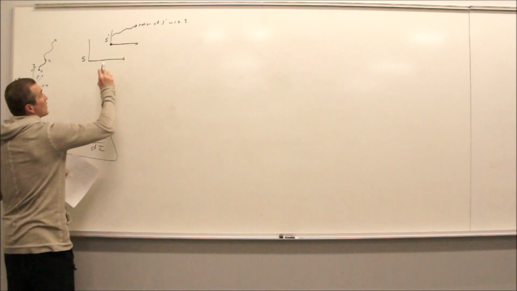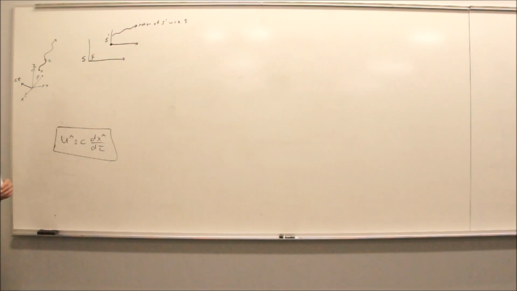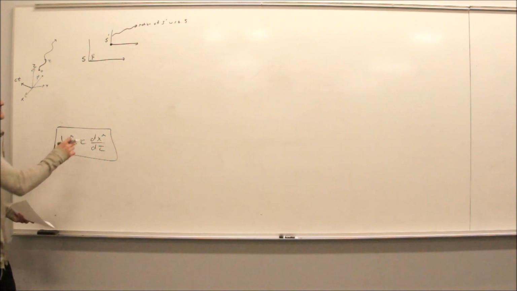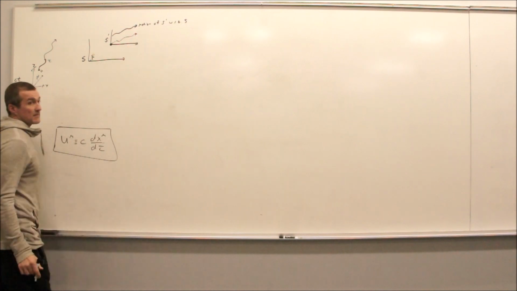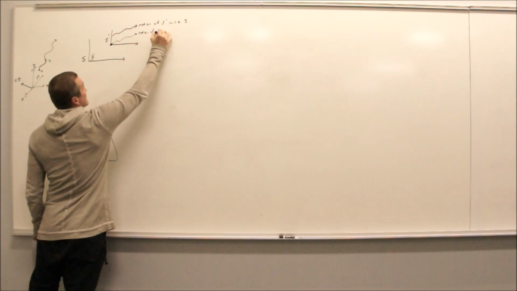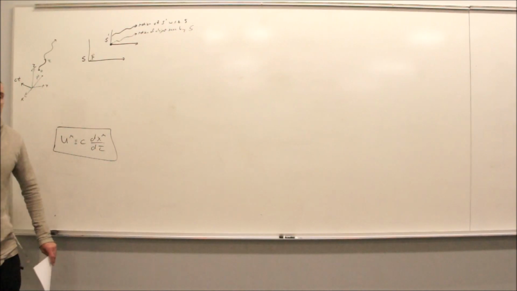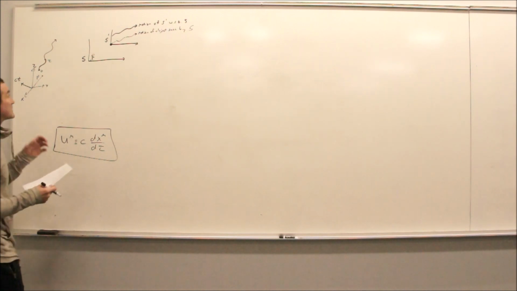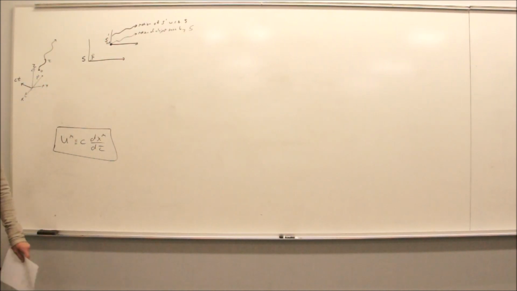What kind of motion will be seen in the frame S of this object? It'll move however S prime moves. It's stuck at the origin of S prime. So whatever S prime is doing, this is going to do the same thing. Okay? So this is the motion of the object seen by S. And the reason I say this, so we can call this frame the rest frame, and then this is just the non-rest frame.